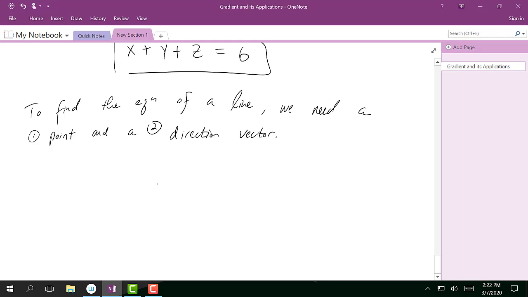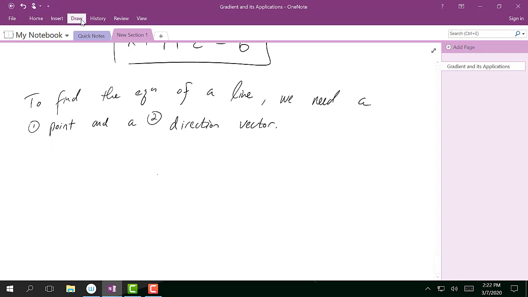The line we're looking at is the normal line, so it's going to be in the same direction as the normal vector, that is our gradient. So in a general sense, this is the equation for a normal line.